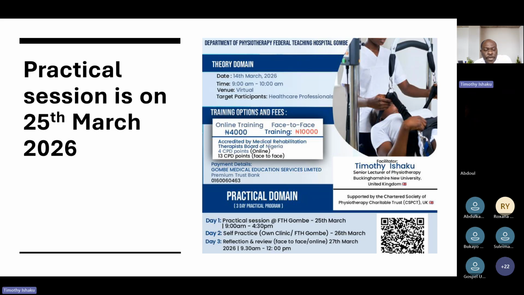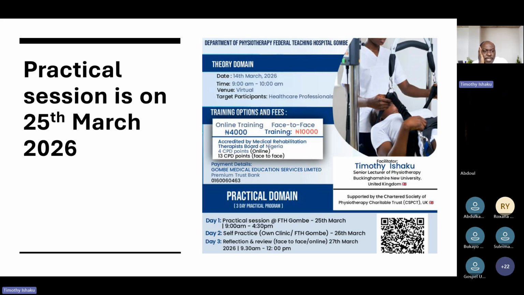On the second day, there will be a logbook for those who are part of the training and want the certificate to be issued. You complete a logbook of your activity during your clinical or practice hours, and then send it back using WhatsApp or emailing it back. There will be an email provided.